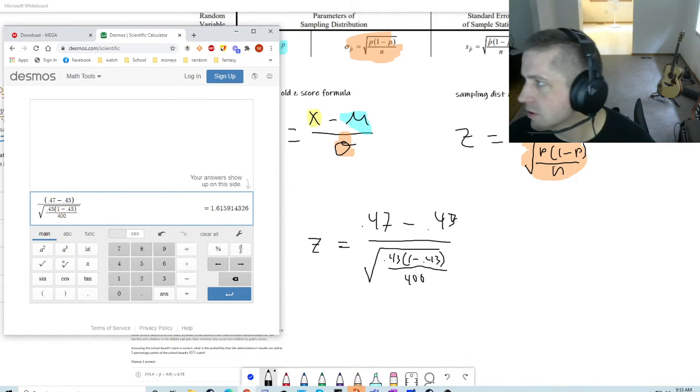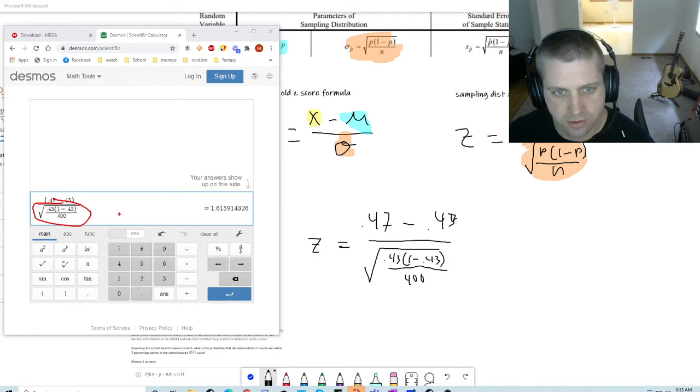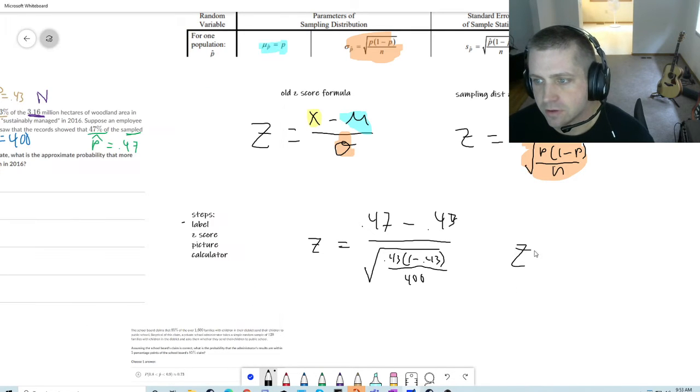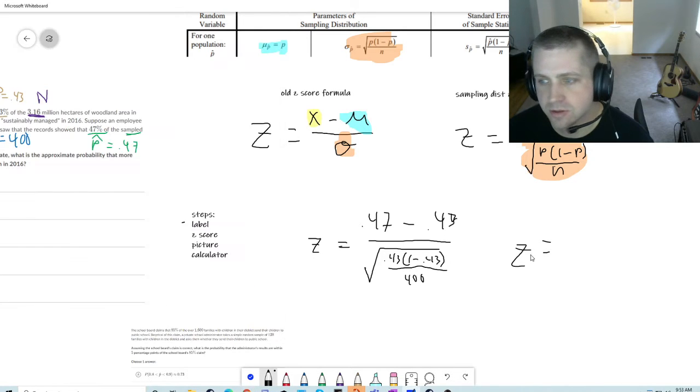I'm making sure that it's all, is that gonna work? Yeah, I make sure it's all underneath the square root sign. So I got a z-score of whatever the heck, 1.62-ish.